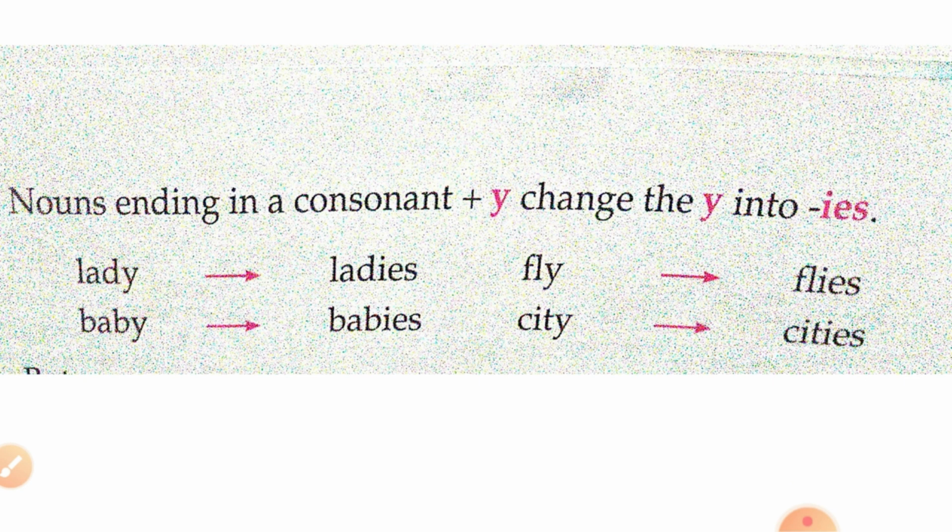Lady में Y को रिमूव कर दिया, कैंसिल कर दिया और उसकी जगह पर IES लिया है. Lady is singular noun and ladies, it's a plural noun. Fly, flies, baby, babies, city, cities.